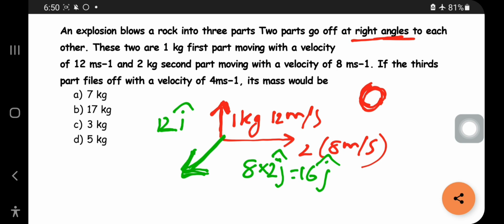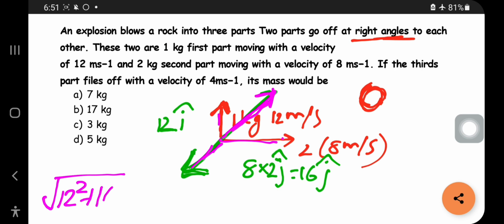So what will this be? According to the resolution of vectors, the vector obtained by the resultant of these two should cancel this vector. So what is this vector? From vector to scalar, you should obtain the root of 12 square plus 16 square.